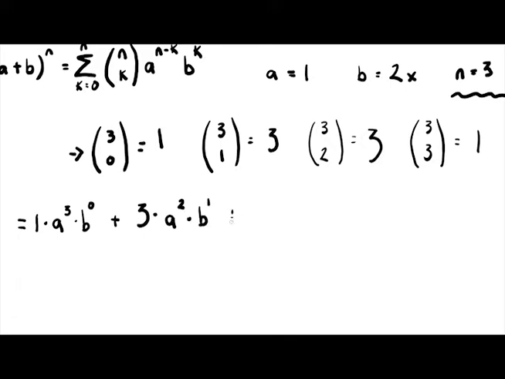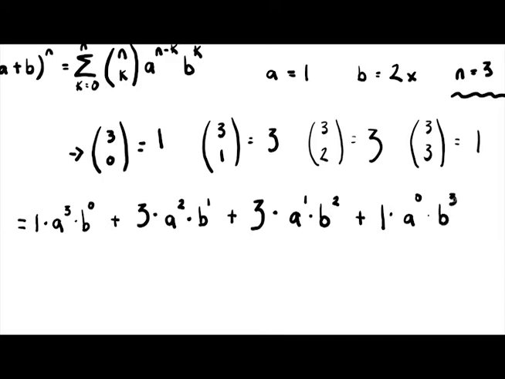Plus the third term, we have 3 times a to the 3 minus 2, which is a to the first power, times b to the second power, plus the fourth term, we have 1 times a to the 0 power times b cubed.